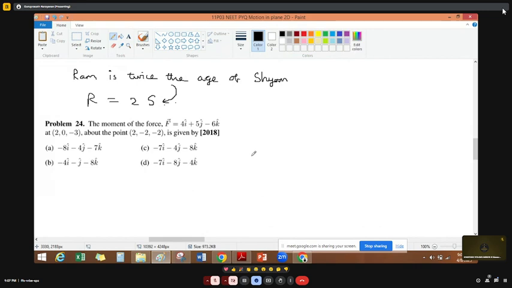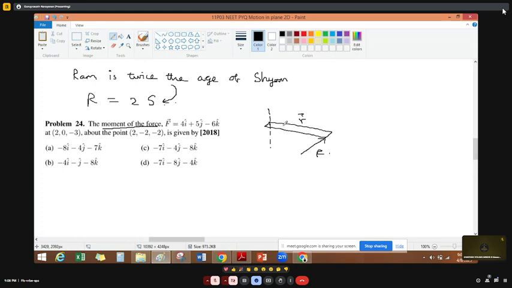What do you mean by moment of force? Do you know any other name for moment? I'm surprised nobody is answering. You keep a rod like this, you apply a force, and then it will go around like this. Moment of inertia, sir.